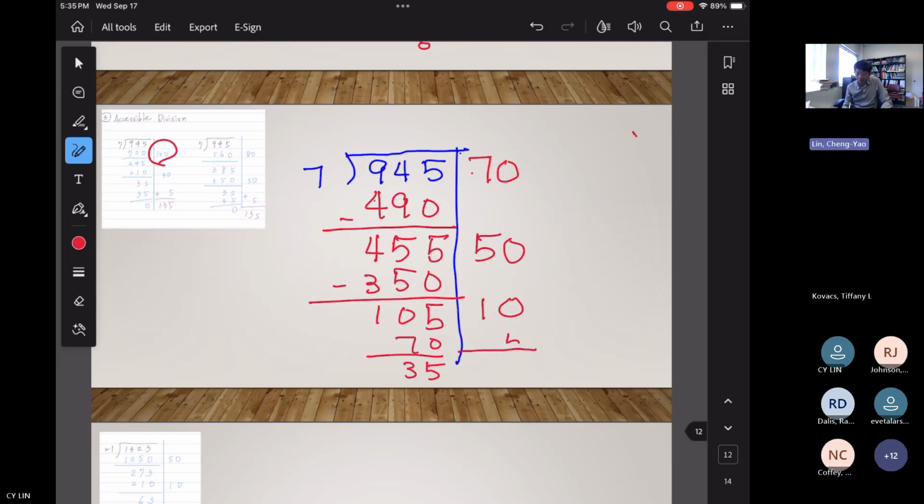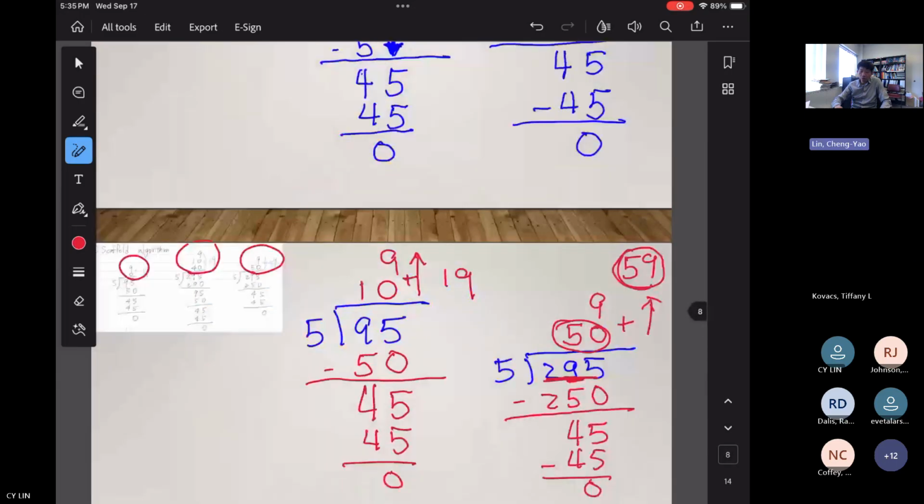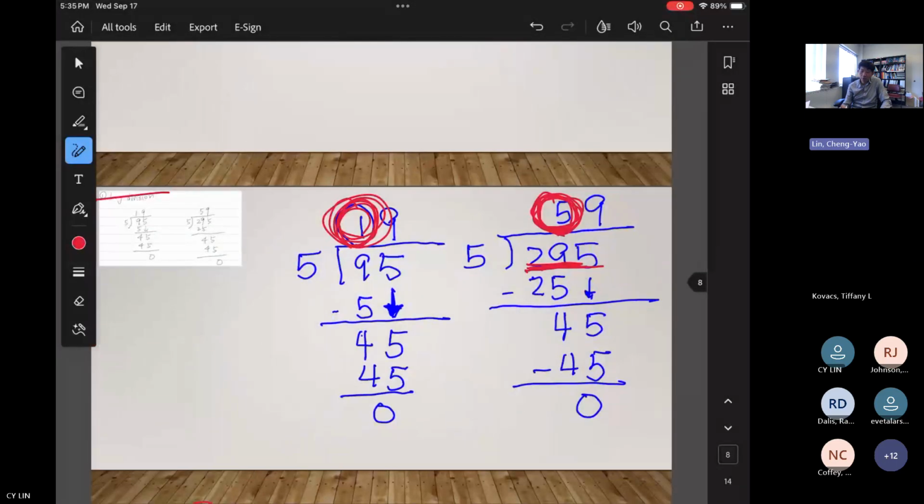And then 5, 35. Added up the total, you get 135. So you have more flexibility, right? And children no longer struggle with what is the first number I have to fill in, right?